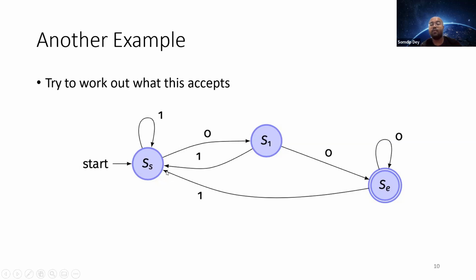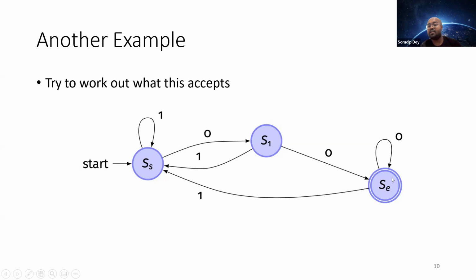It will only change the state to S1 if the transition is on the input 0. Then from state S1, it will either go back to state SS, or go to the accept state SE.